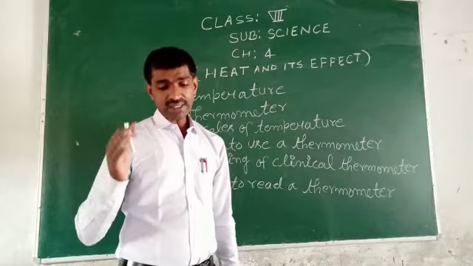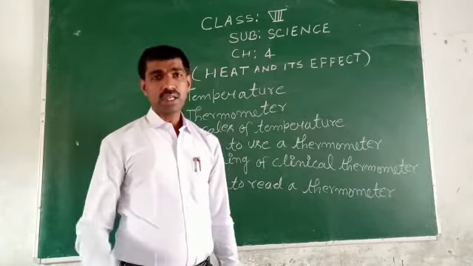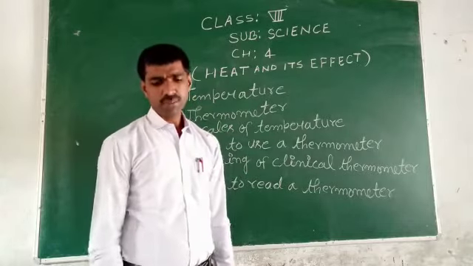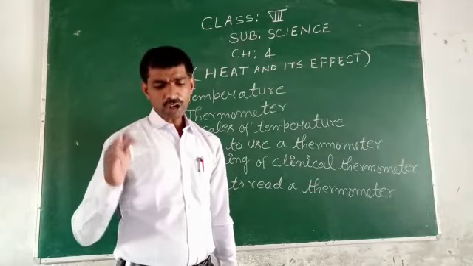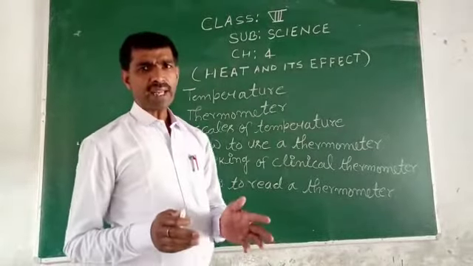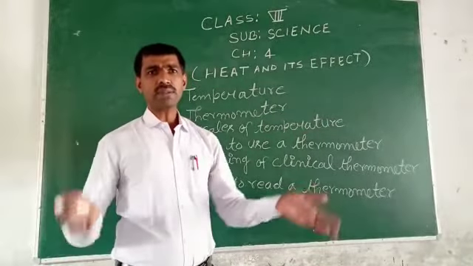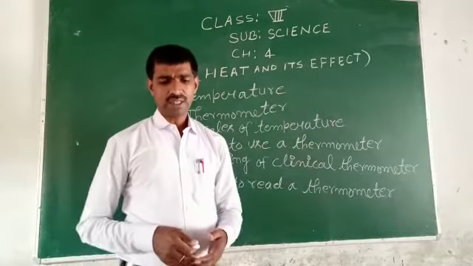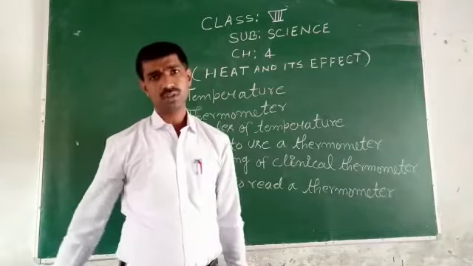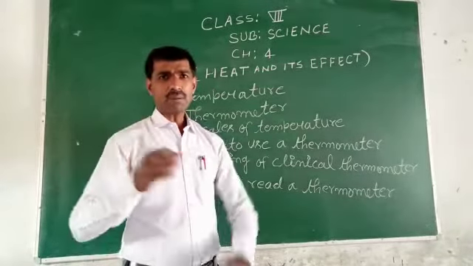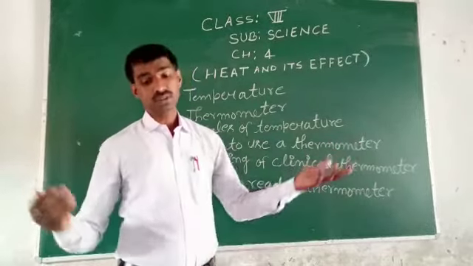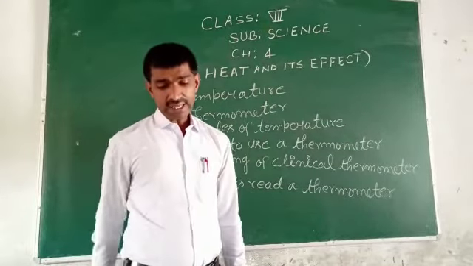Mercury is the liquid normally used in thermometers because it gets hot and expands fast, and it can be seen easily.